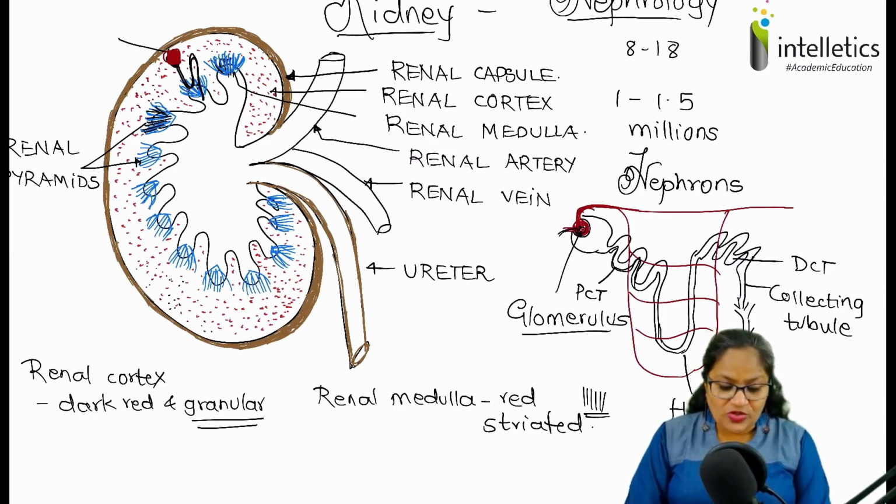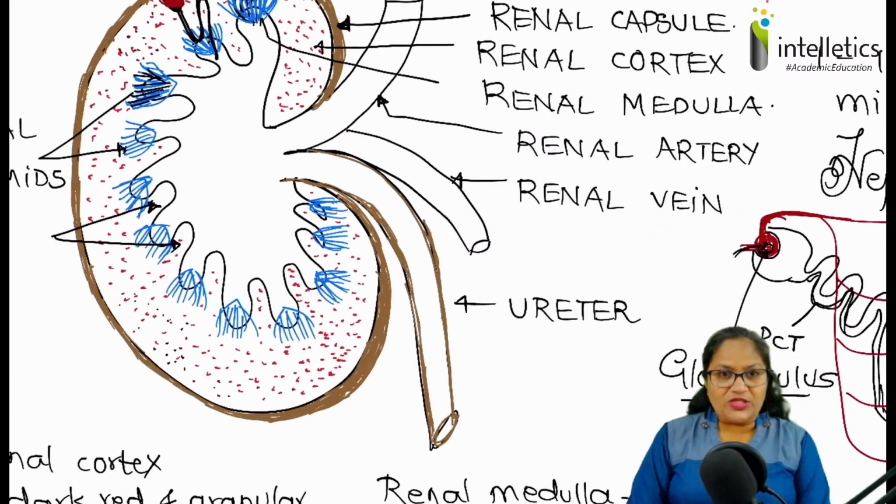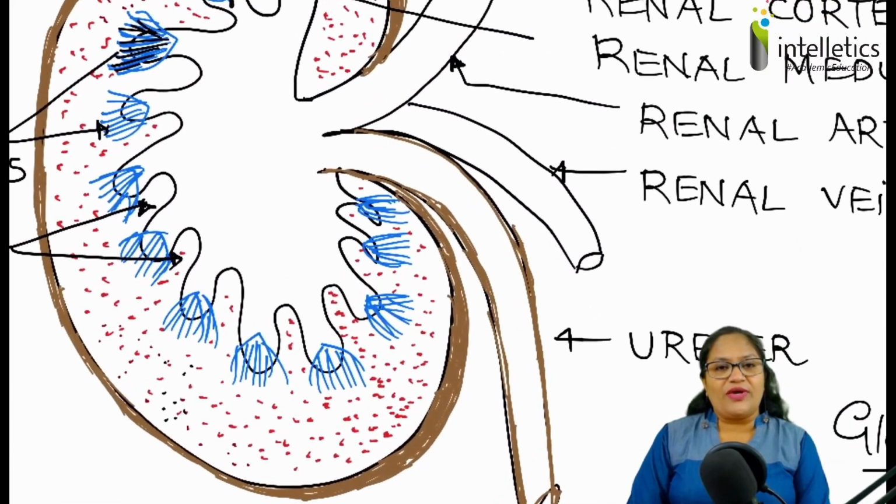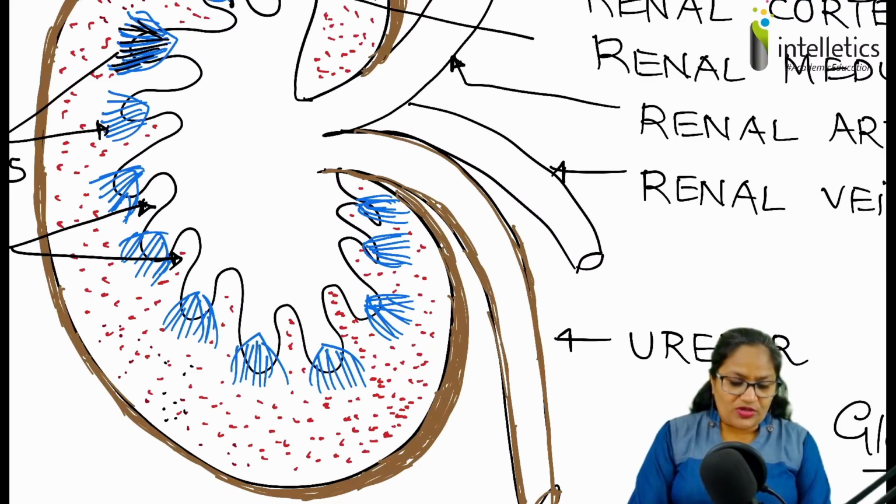And these pyramids, you can see, are clearly separated from each other. They're not connected completely, but there is a small tissue that separates the renal pyramids from each other. You can see this, right? And if you observe, in between this is nothing but what? I'm drawing it so that you understand it better.